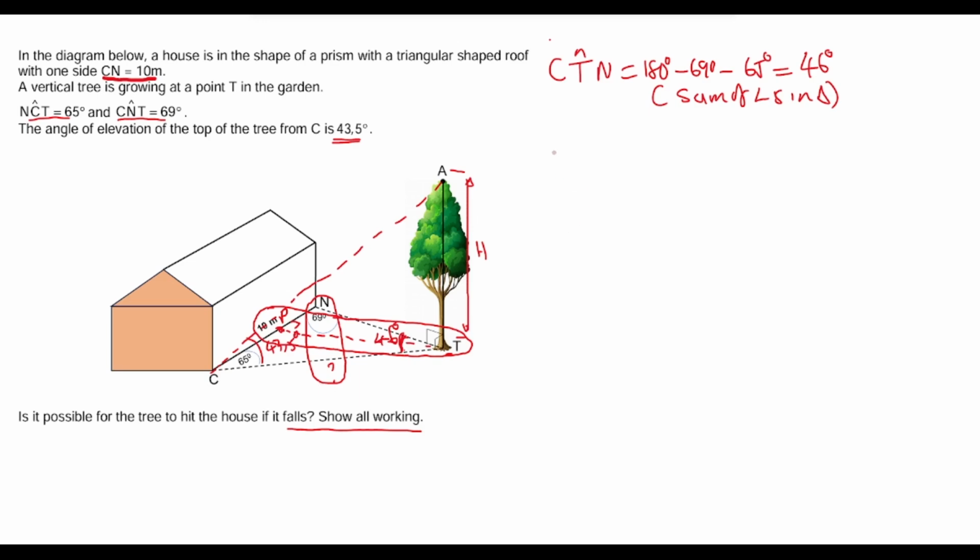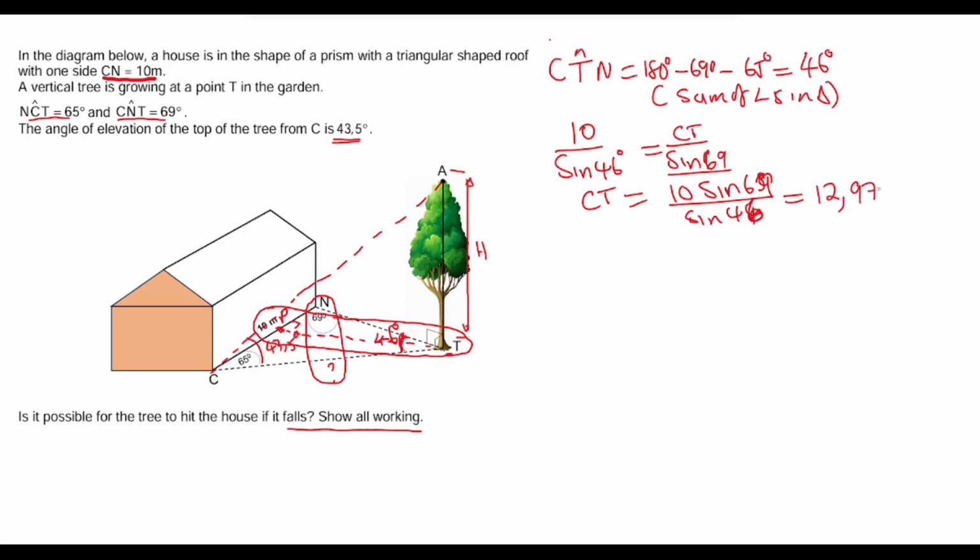Use the sine rule: 10 over sine 46 degrees is equal to CT over sine 69 degrees. Therefore CT is equal to 10 times sine 69 over sine 46, after multiplying both sides by sine 69. This gives 12.97829518.